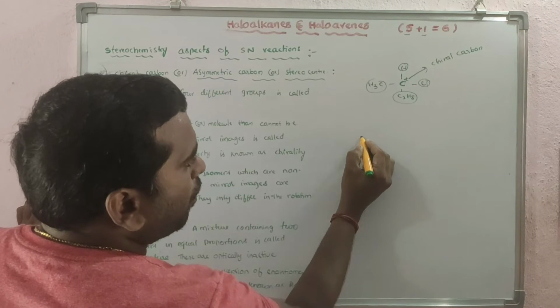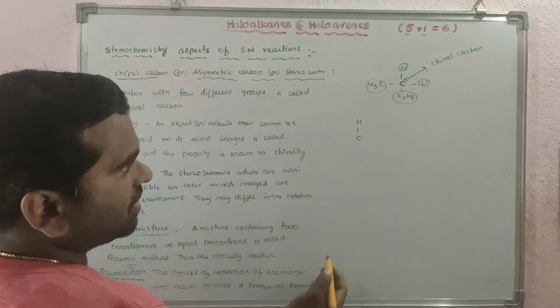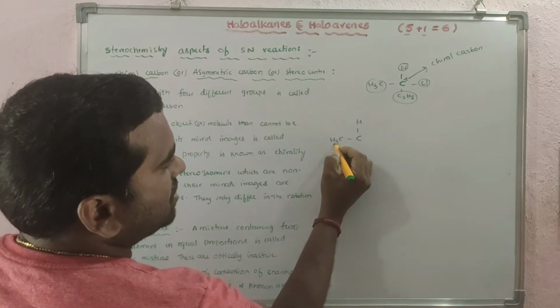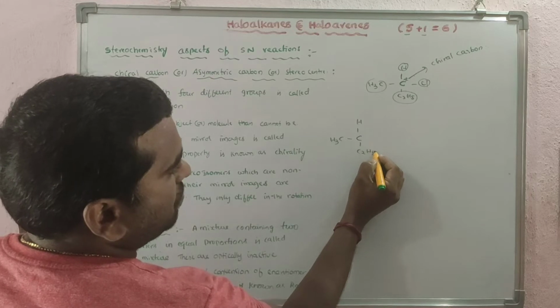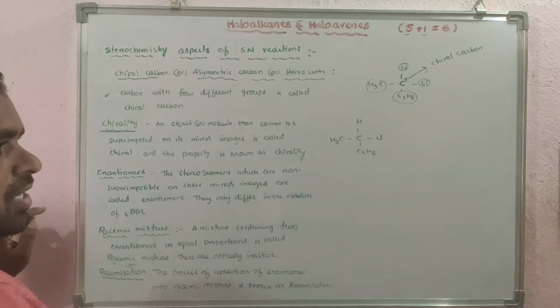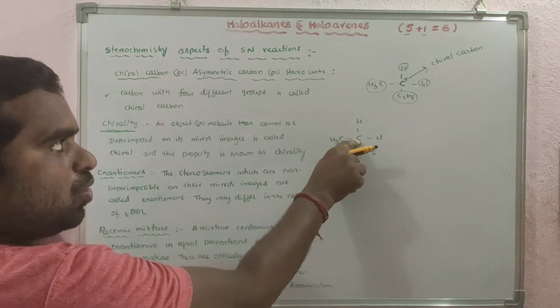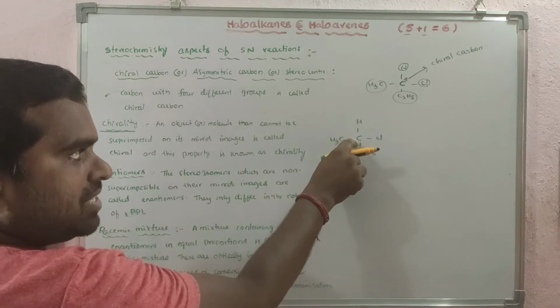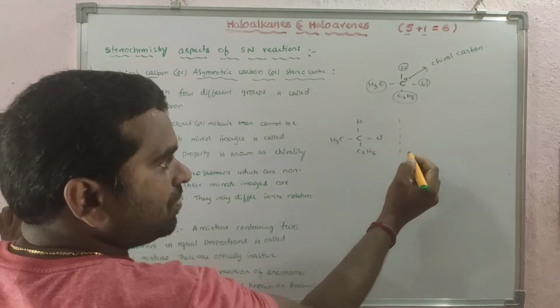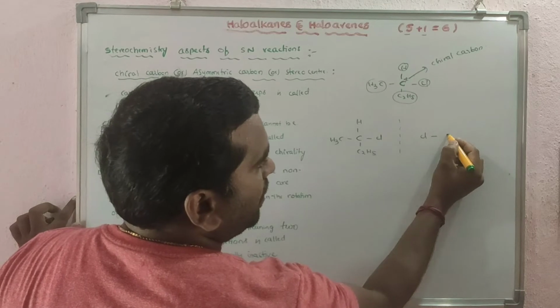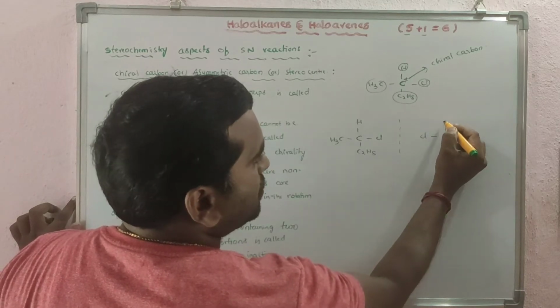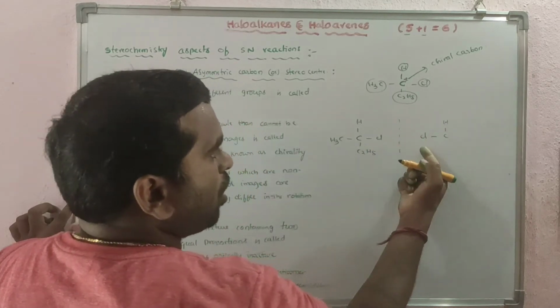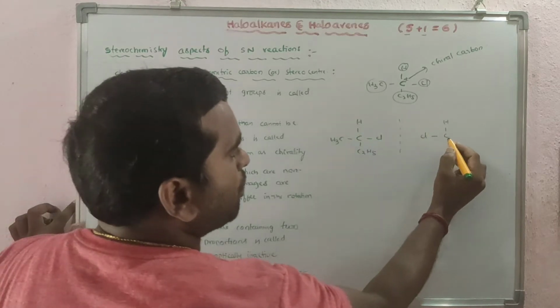Suppose hydrogen is here, and this is CH3, C2H5 and Cl. If a single stereo center, a chiral carbon, is there, and you take the mirror image of this, it is always not superimposable on the molecule.